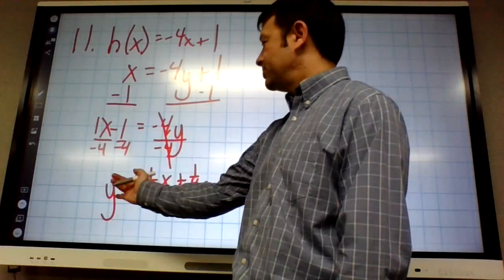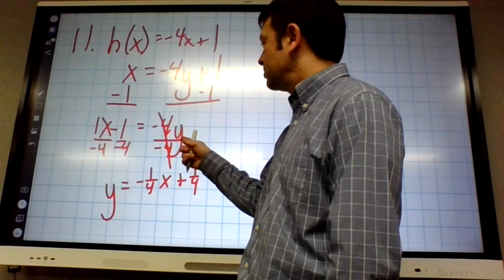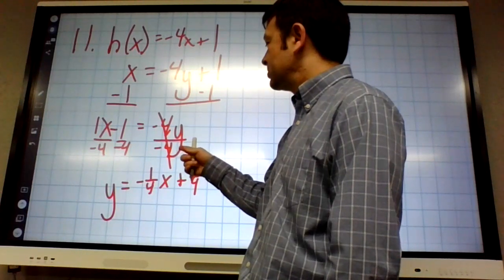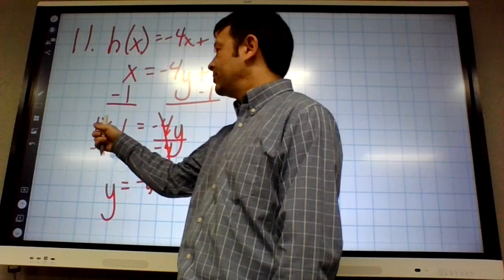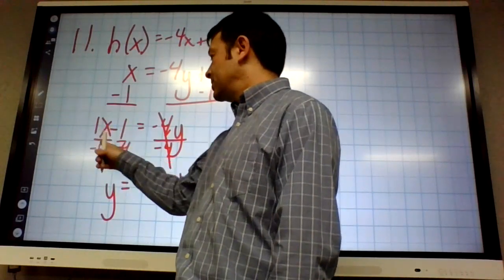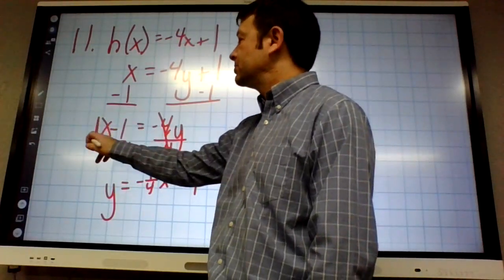Why did I switch the order? No, go to the very left. Oh, then, yeah, 1x over negative 4. Why is x divided by negative 4 like 1x divided by negative 4? So it's negative 1/4 x. It's like an invisible 1 right there.